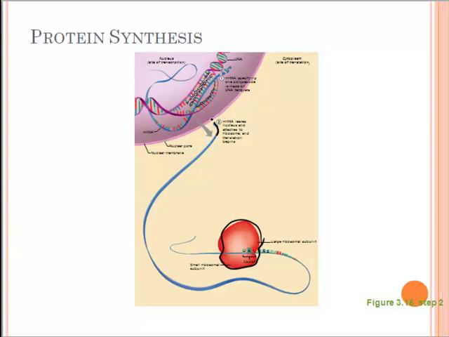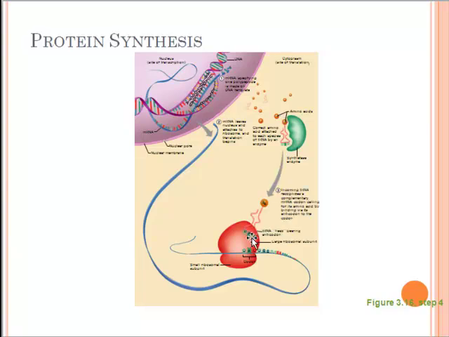So we have our copy of the DNA comes out into the cytoplasm, attaches to a ribosome, and then we have our tRNA here. So this little guy here is a tRNA, and these are our amino acids. So the tRNA is going to pick up an amino acid depending on the sequence of nucleotides here in the ribosome. It picks up the appropriate amino acid and brings it back to the mRNA.